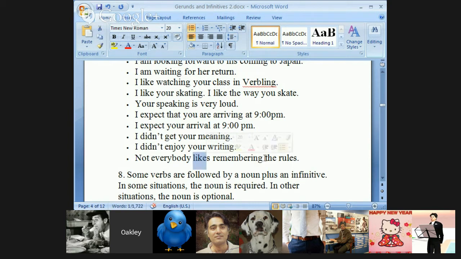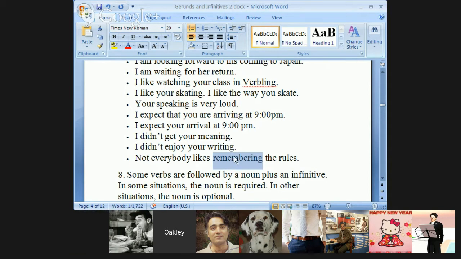Likes remembering, okay, likes being followed by a gerund. Of course, we can say not everybody likes to remember. The verb likes can have either an infinitive or a gerund. Of course, there's no possessive here. That's all right.